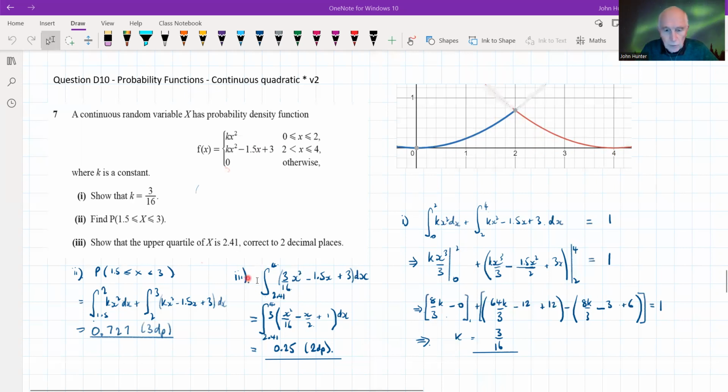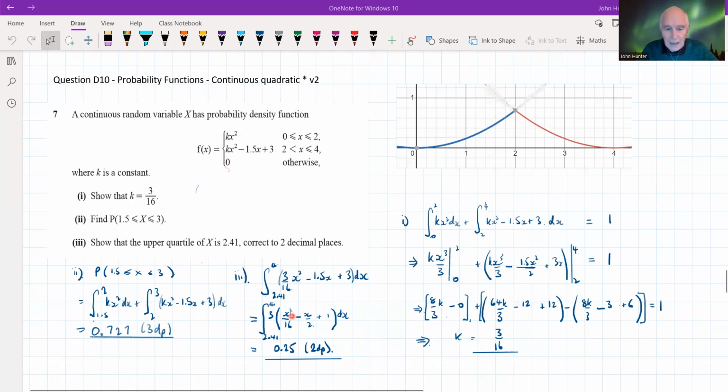So again, a very abbreviated form. In order to work out that area, we are going to integrate the function. Well, we're not interested in this bit. It all comes under the red bit, which is kx squared minus 1.5x plus 3. And we're going to integrate that between 2.41 and 4. And that will give us the area of that right-hand tail.